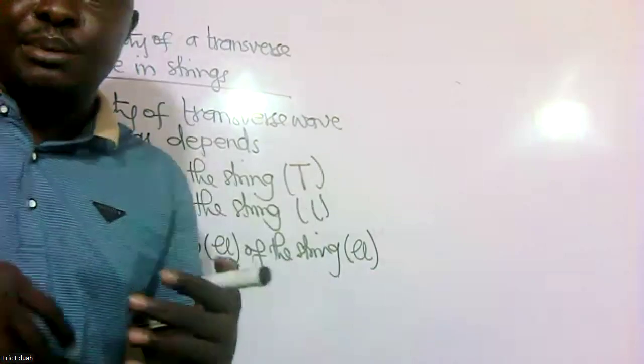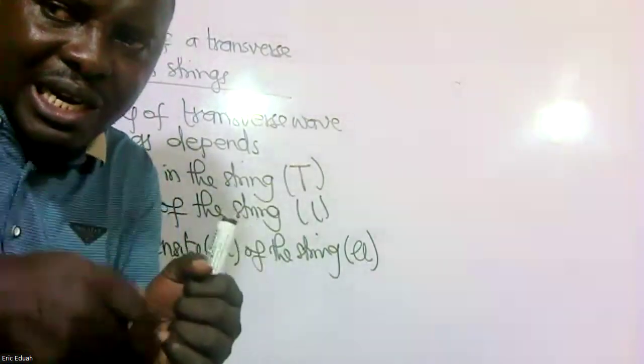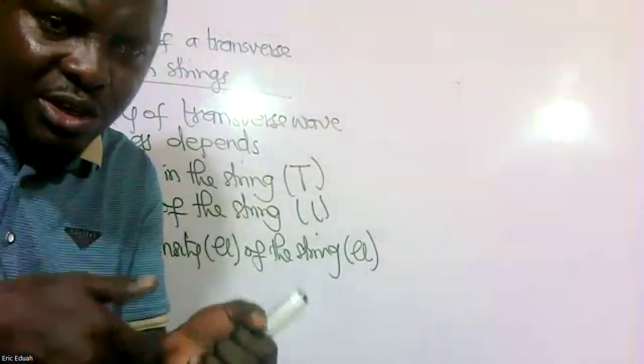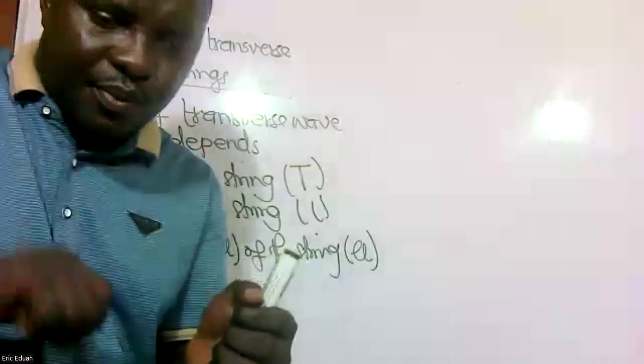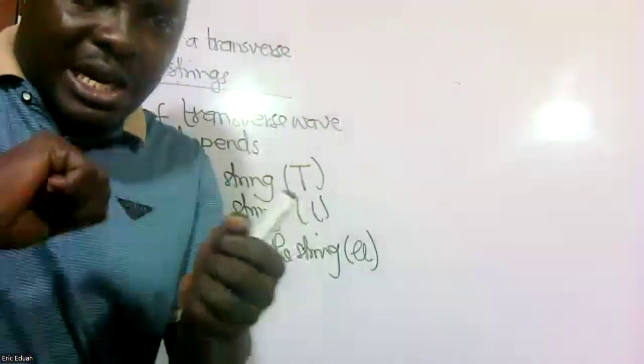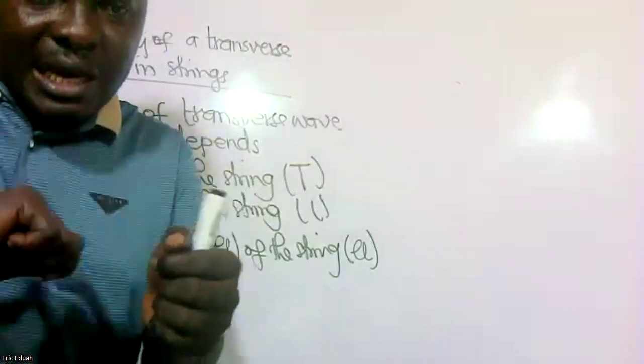What is actually meant by tuning is that they need to ensure that there's a particular tension within the string. So they tie it at the knob where you hold and tie the string.